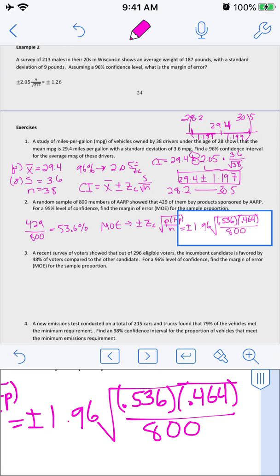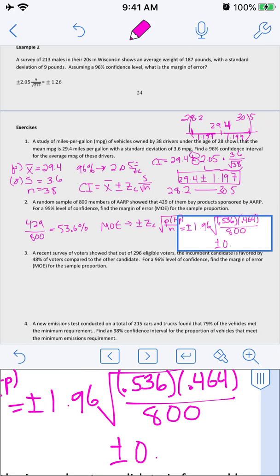1.96 times, parentheses, a very large square root of 0.536 times 0.464, all divided by 800. Oops. 0.0345.